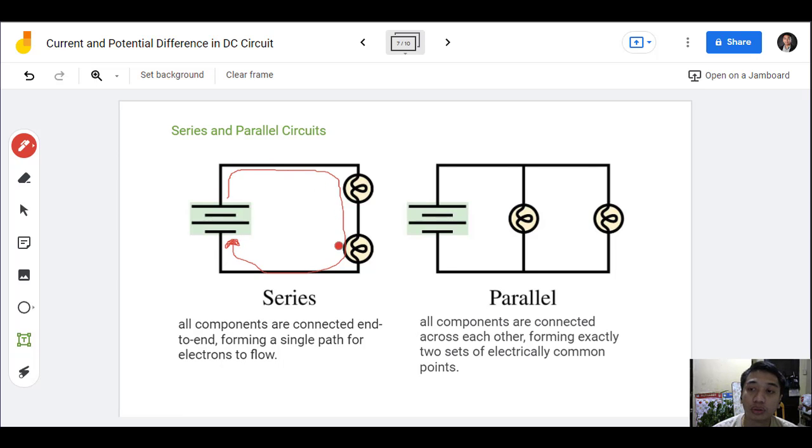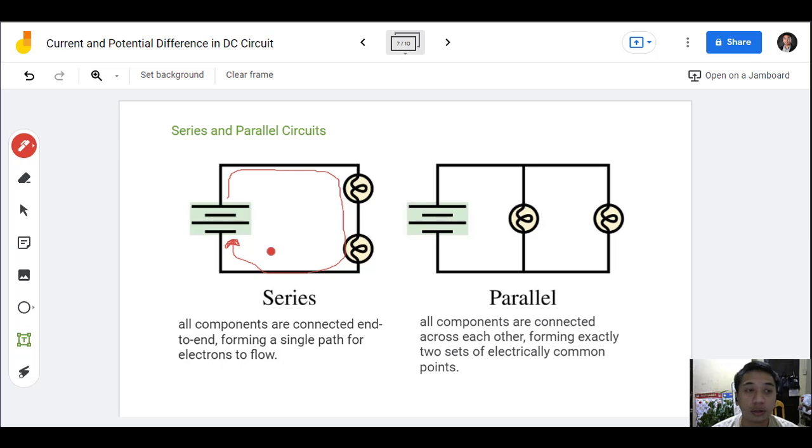So it flows from one resistor to another resistor, then goes back to the negative charge of the battery.